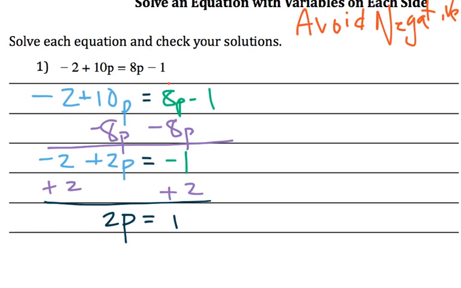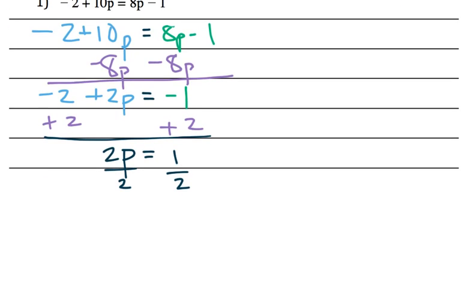So we went from 4 terms to 3 terms in our first step, and now we've gone from 3 terms to 2 separate terms, and now p is almost by itself on one side. Well, 2p is not solved, so I'll have to divide by 2 on the left, divide by 2 on the right, and p will be equal to 1/2, which I can then write slashed like that.